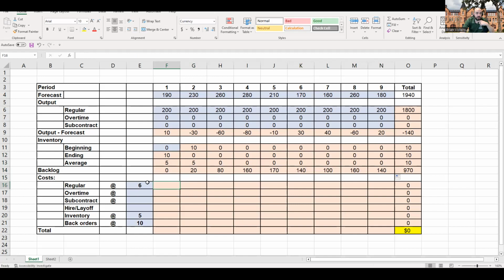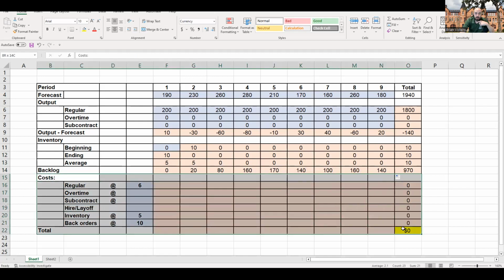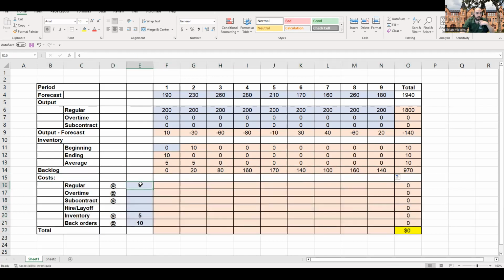Regular output is going to be, now we're on our costs. Our costs are going to be equal to our regular output times our regular output cost. Overtime output times overtime output cost. There's not any in this case, same with subcontracting, but it would be this times this all the way through. Hiring, firing workers all the way through. Inventory cost, $5 times the average inventory each period, $10 times the back order each period.